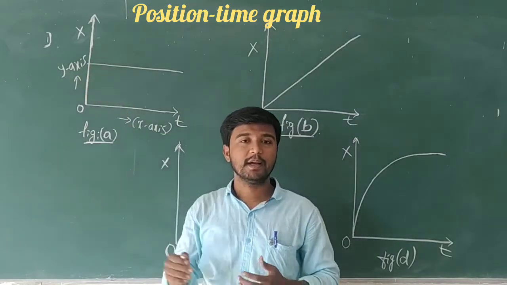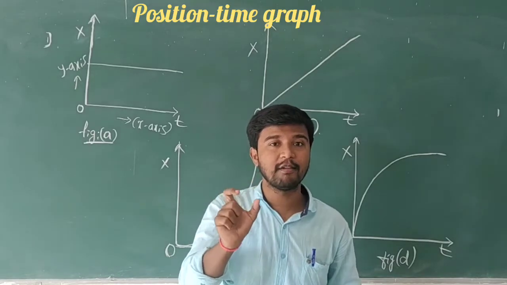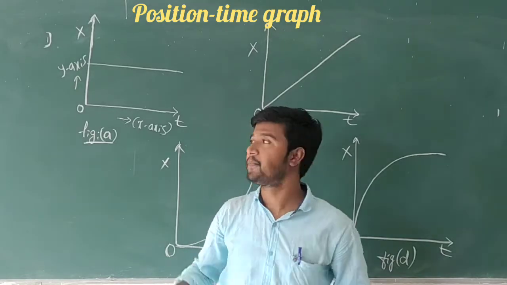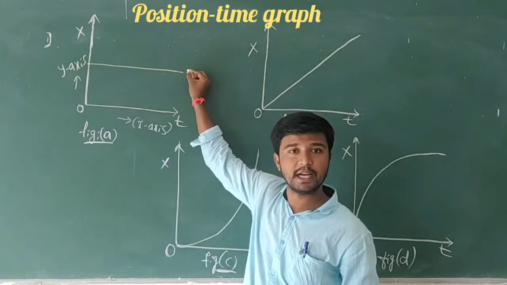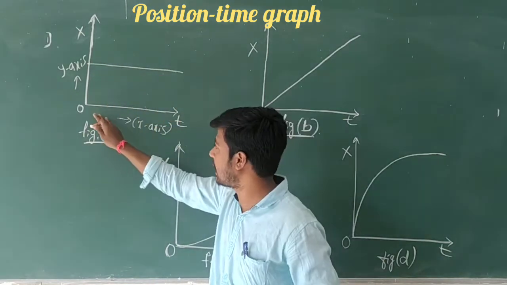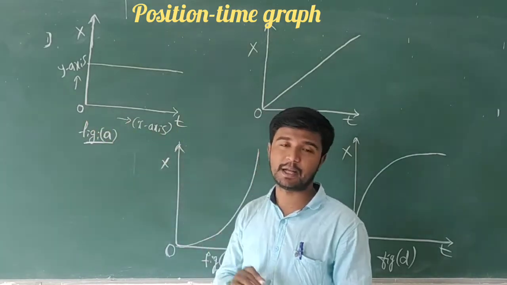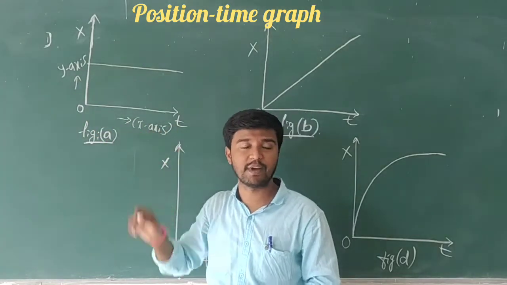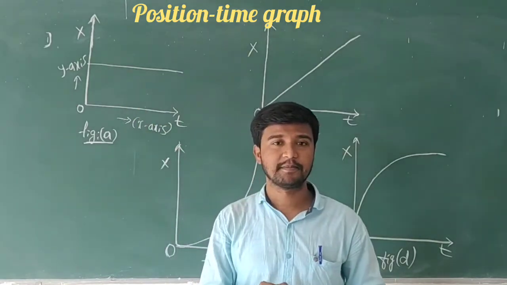For an object at rest, the position time graph is a straight line, parallel to the time axis, as shown in this figure. Clear? This is the object at rest.